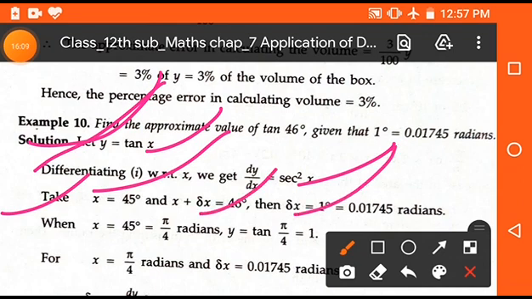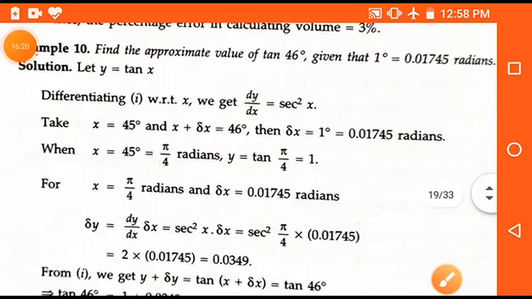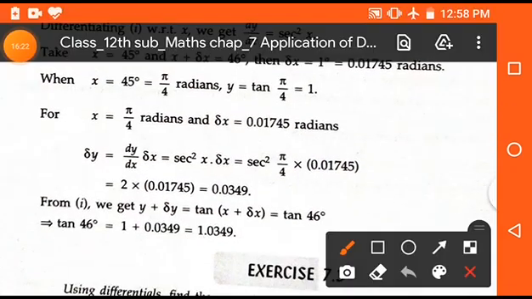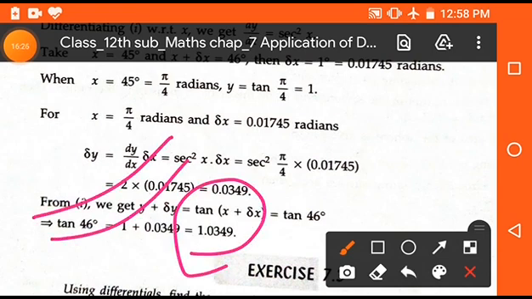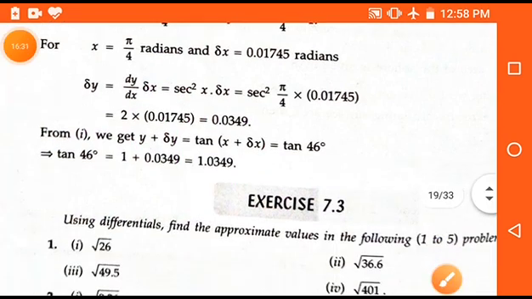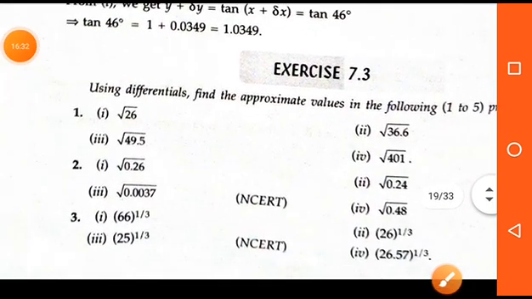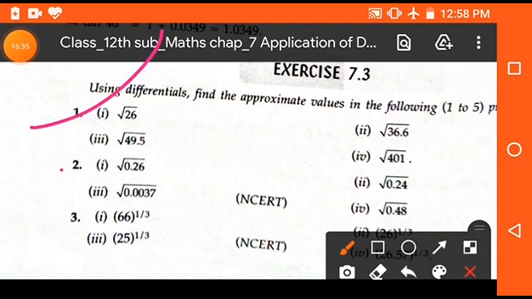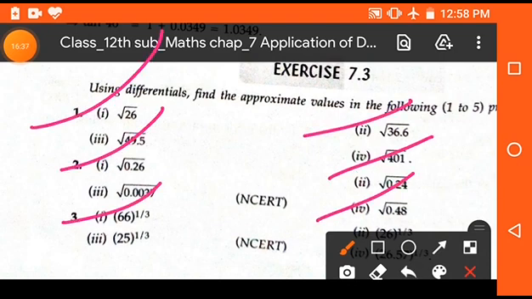So 1 degree is given, that means the difference will be 1 degree. So put x equals 45, that means pi by 4 radian, and y equals tan 45, it will be 1. Clear? So finally, on putting the values in the formula, we get the required answer is 1.0349. Clear?